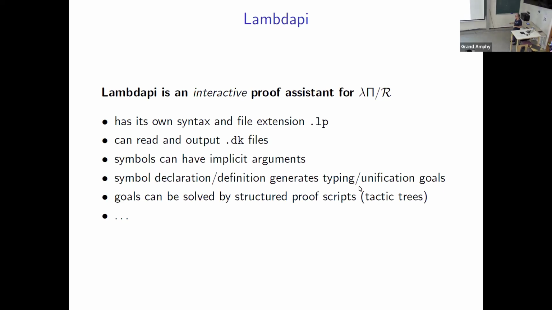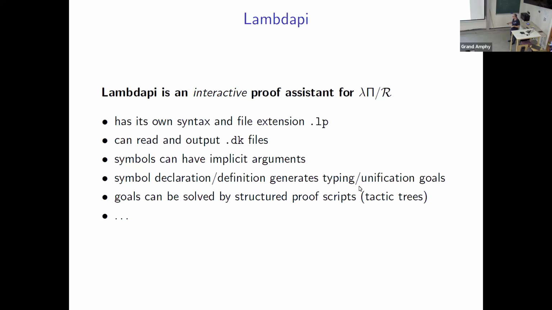The syntax between Dedukti and Lambdapi is not exactly the same. It's very close, but not the same. The syntax for Dedukti is very simple, with no fancy symbols. In Lambdapi, we decided to use Unicode symbols, notations, this kind of thing, so it's more user-friendly.